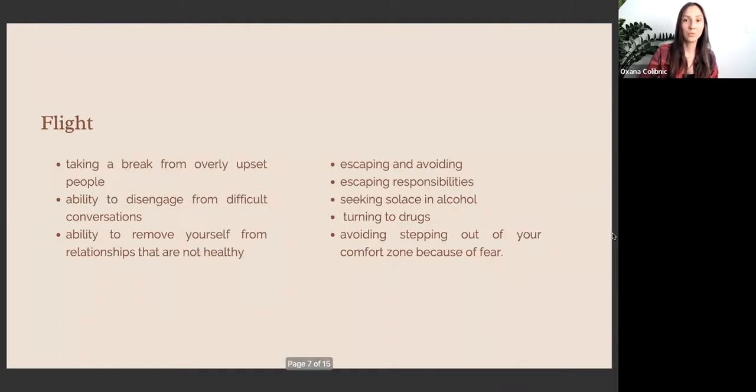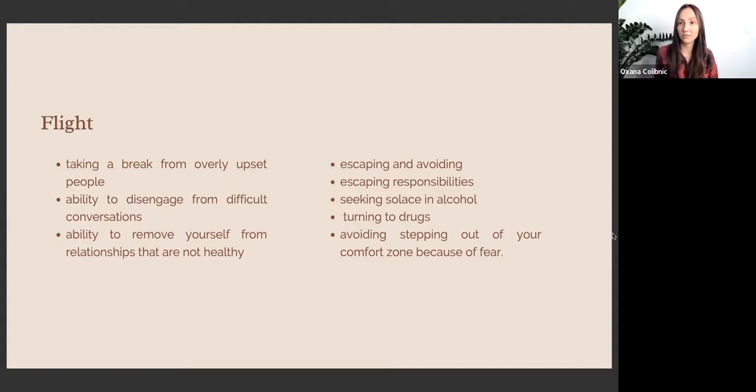Okay. With the flight response, if somebody is in a normal flight response and they're able to go back to their normal state, then their behavior would be something like on the left side: taking a break from overly upset people, the ability to disengage from difficult conversations, and the ability to remove themselves from relationships that are not healthy.